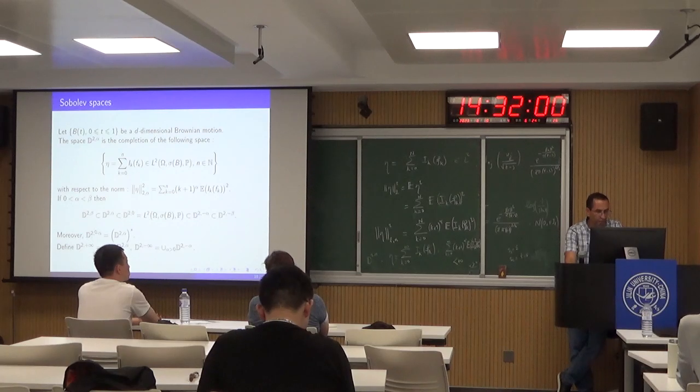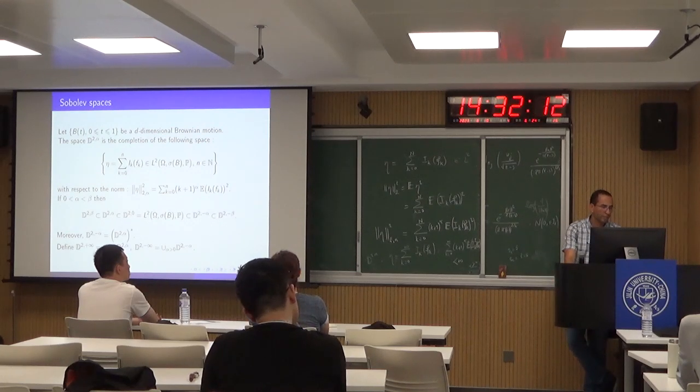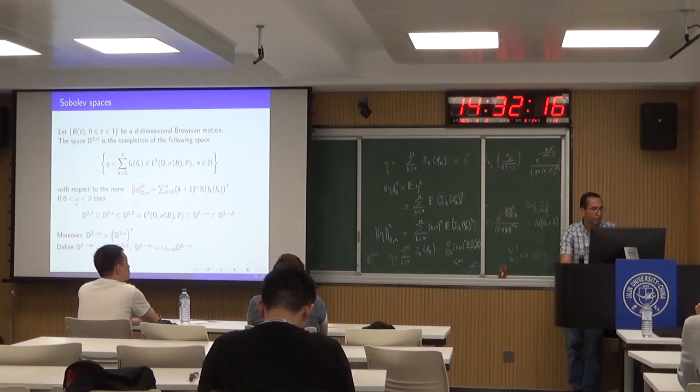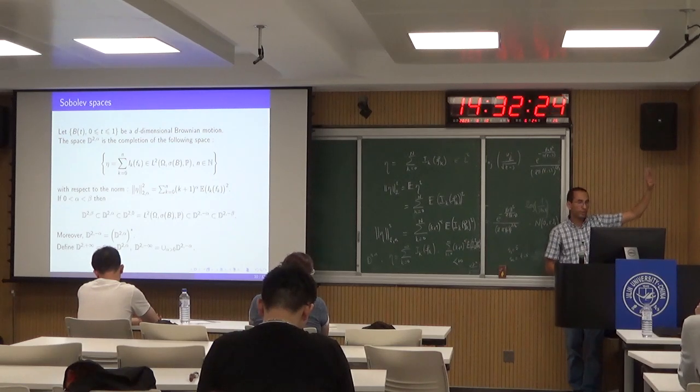Here there is this property that if you take D2^α and D2^-α, one is the dual space of the other. And if α is smaller than β, then D2^β is included in D2^α. So if α becomes bigger, the space D2^α becomes smaller.